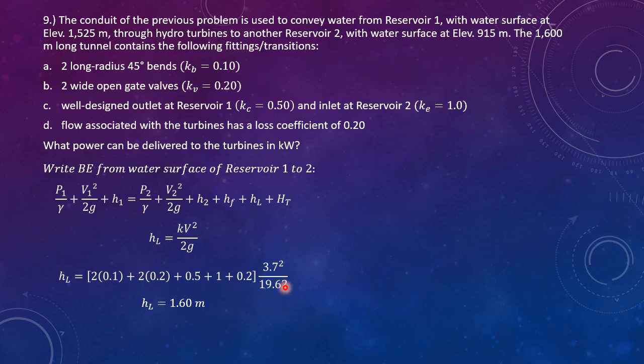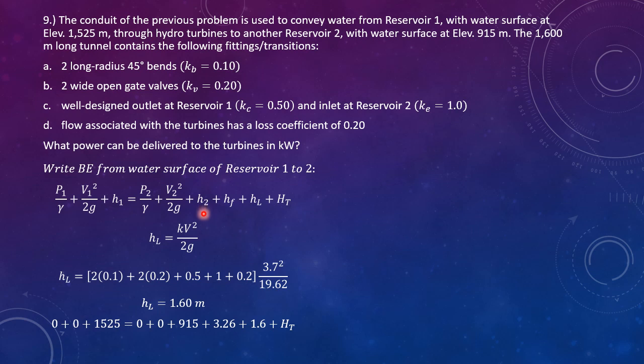Now we substitute our values into the Bernoulli equation. Since point 1 and point 2 are reservoirs, their pressure and velocity are equal to 0. H1 is the elevation of the water surface at reservoir 1, that is equal to 1,525 meters.